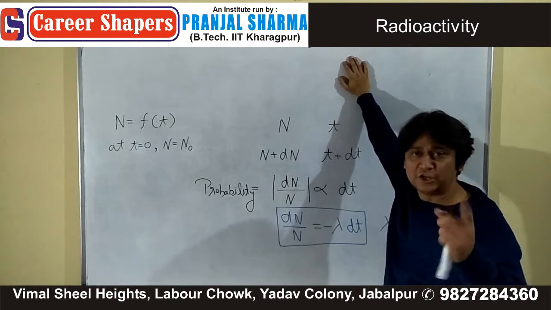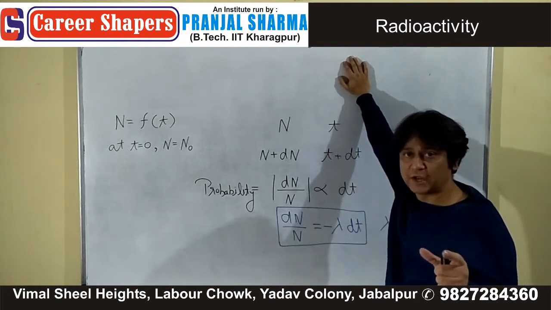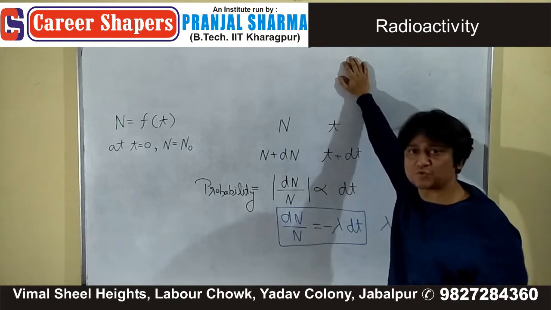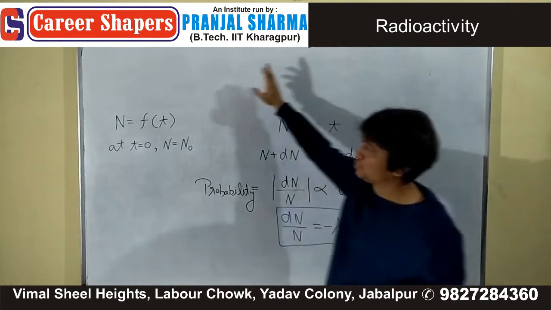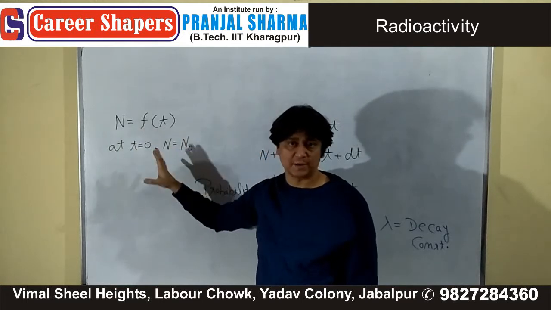Now, I said initially, that means at t equals 0, the number of active nuclides is given as N naught.